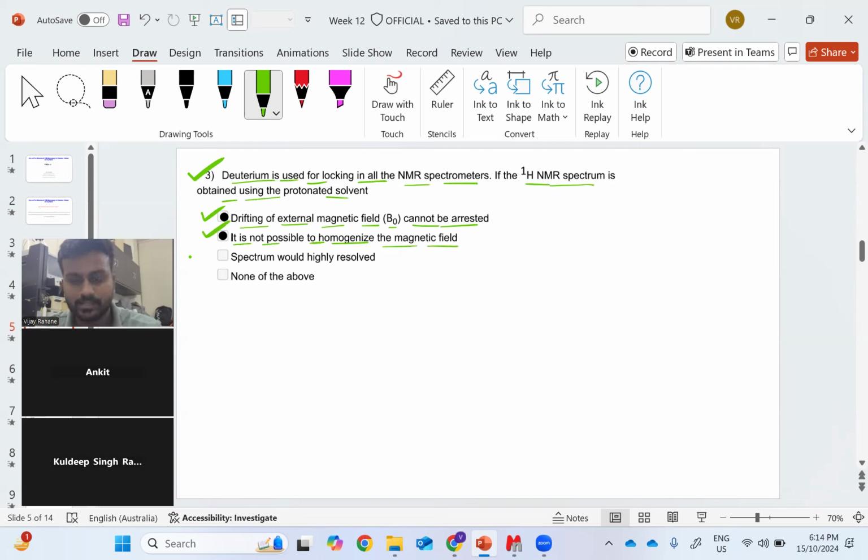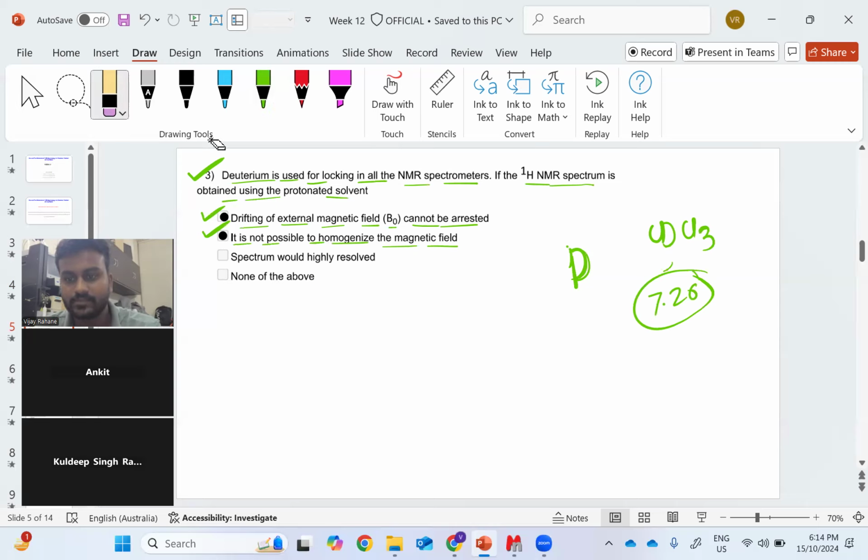That's why we almost all the time record the NMR spectra in the deuterated solvent, and we do the locking with respect to the deuterium peak of this particular solvent. In case of CDCl3, whichever hydrogen is not getting replaced will be CHCl3, and for this we observe the NMR signal at 7.26.